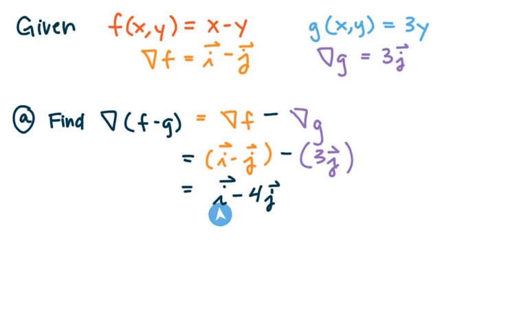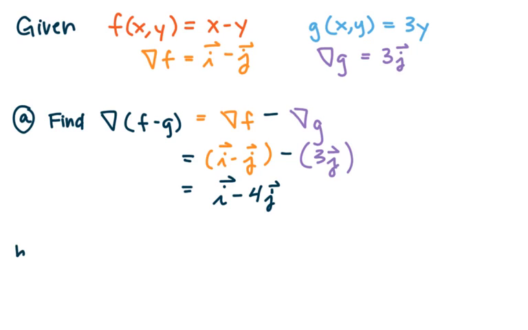And this is just a very simplistic calculation to show you that we can use these algebraic properties on gradients. We could be given much more complex functions that have much more complex gradients, and using this strategy of breaking it into two pieces could allow for an easier calculation in the future.